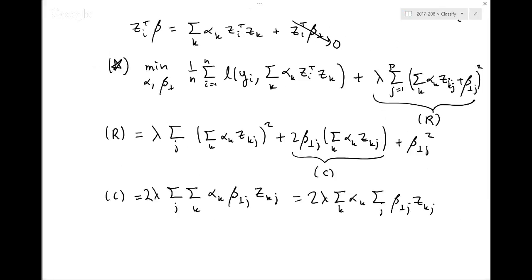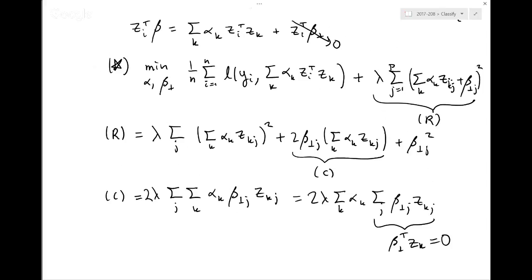Now all I did is switch how I was doing this sum. Because really what I want to get out of this is this inner product between beta perpendicular and Z. So this part right here is beta perpendicular transpose Z_k, and that's equal to 0 by construction of this beta perpendicular. So I've shown that this cross term is 0.